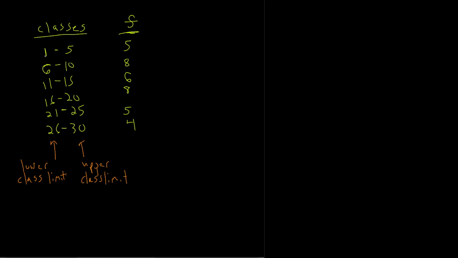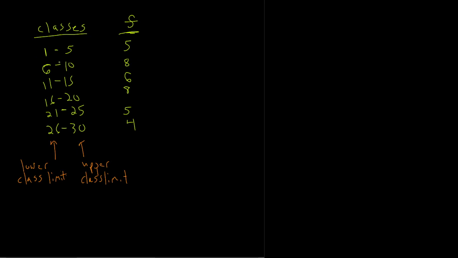And so 1 is the lower class limit of the first class, or the first interval. 5 is the upper class limit for that interval. 11 is the lower class limit for this one down here. 15 is the upper class limit. And so we have a lower number and an upper number of values that we can put in here. And then we have the frequency count.